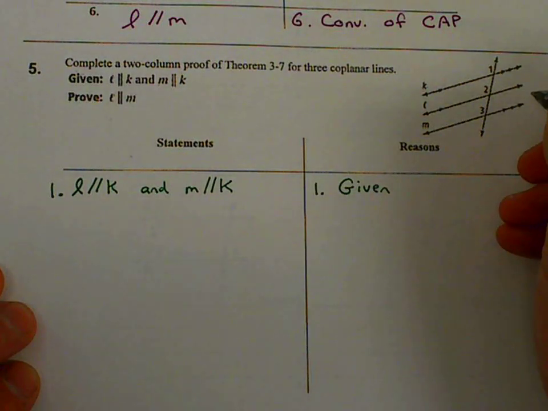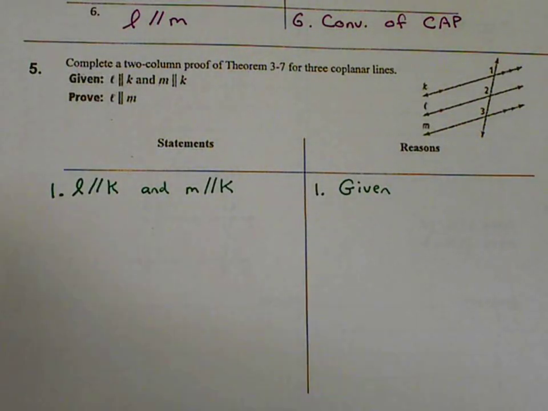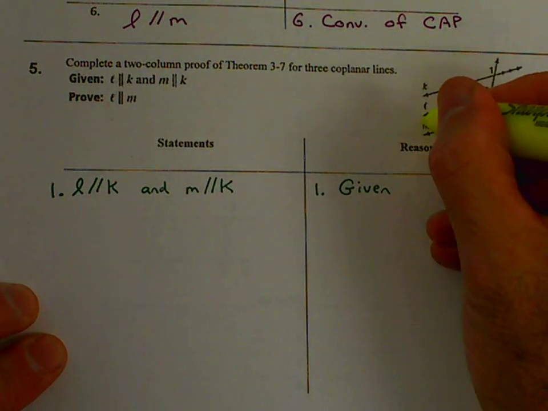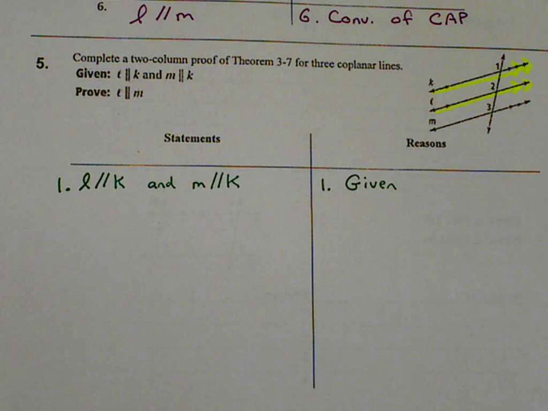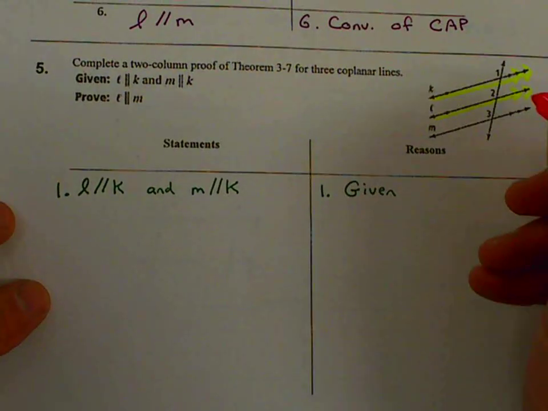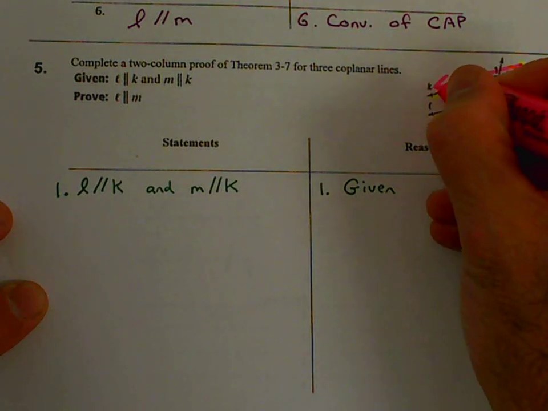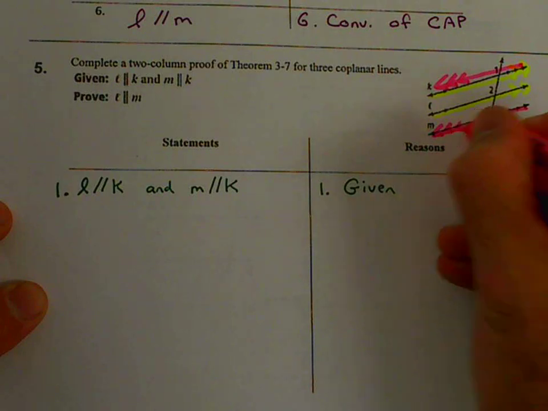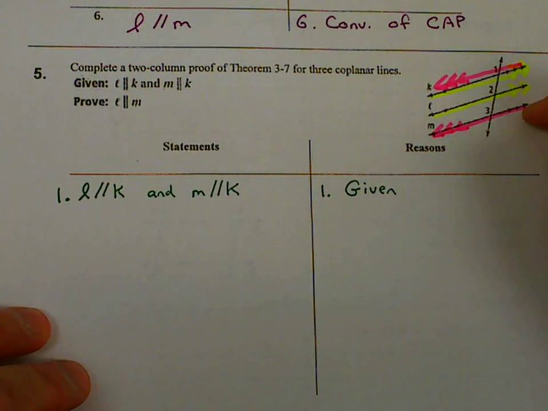Now, if L and K are parallel, these are parallel, and we have M and K parallel, what we're trying to prove here now is that L and M, these two, are parallel.